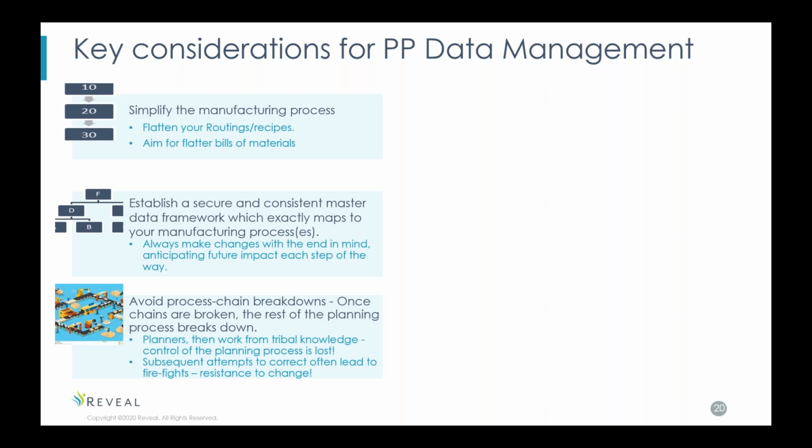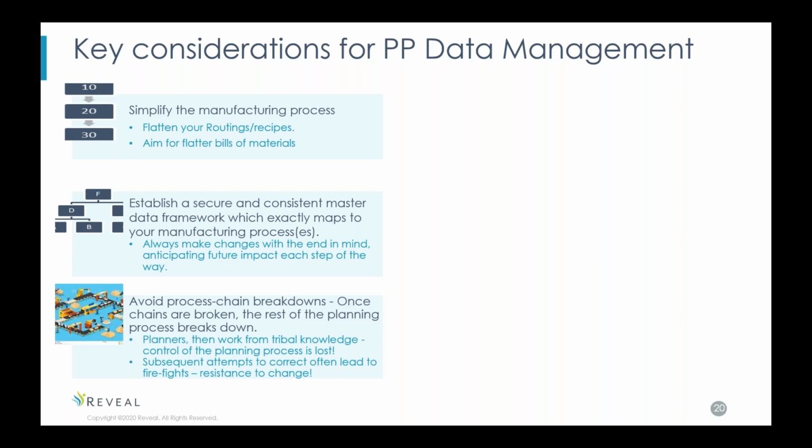Endeavor to simplify, not complicate your manufacturing process. So when you can, simplify your routings. And what do we see out there? Well, we see routings, we see recipes where every action that takes place is an operation or a phase. That's not what you should be doing.